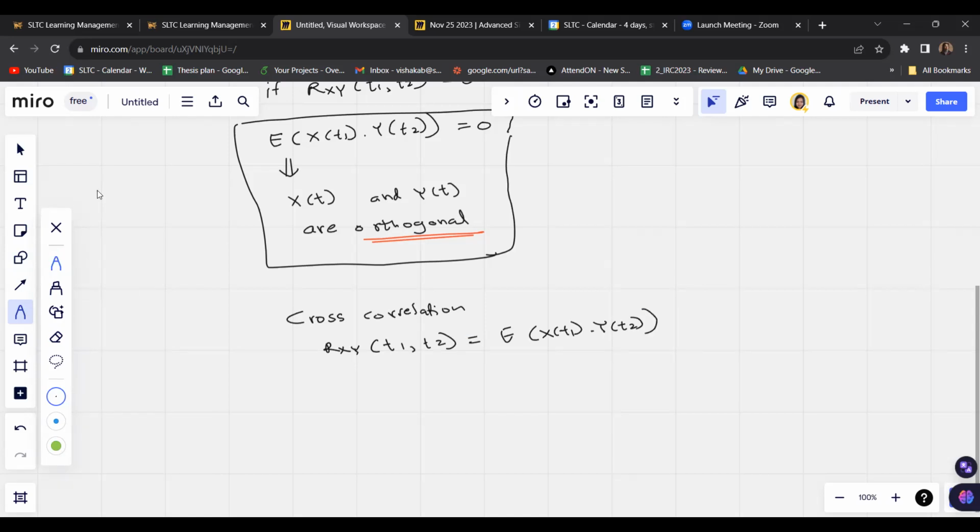For the autocorrelation case, the theory is that for any real processes, the product between these variables is reversible, or we can see symmetry in those two random variables.